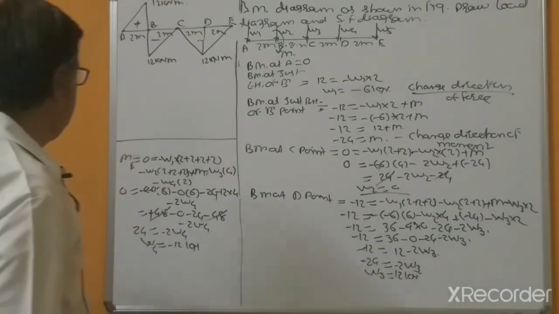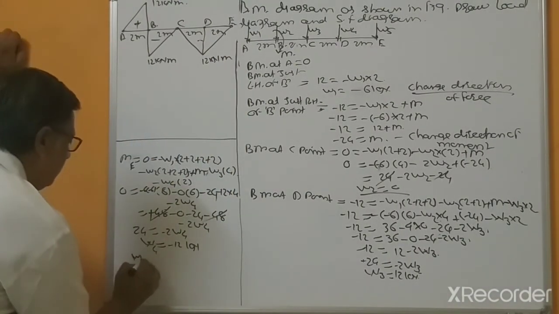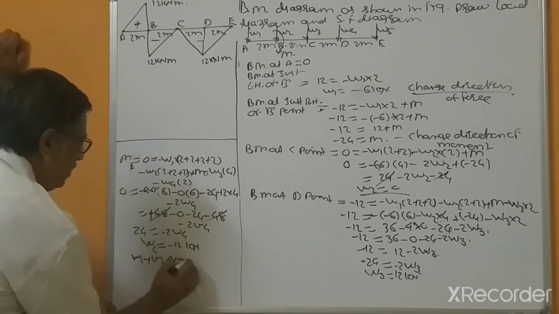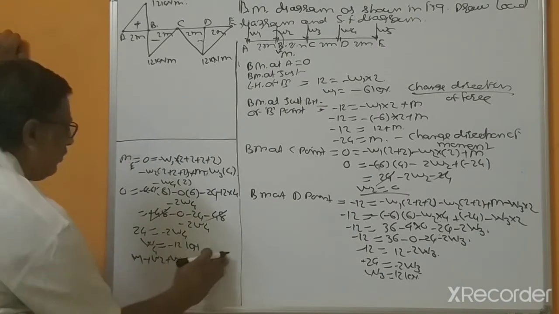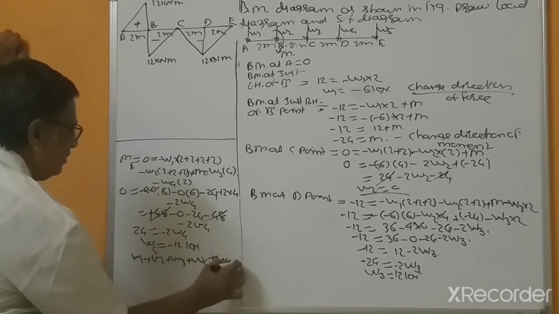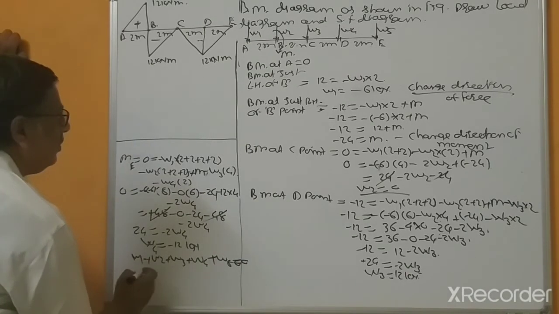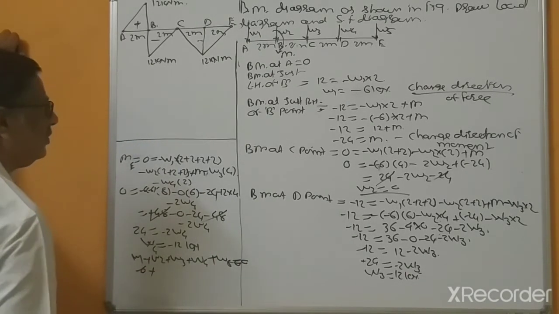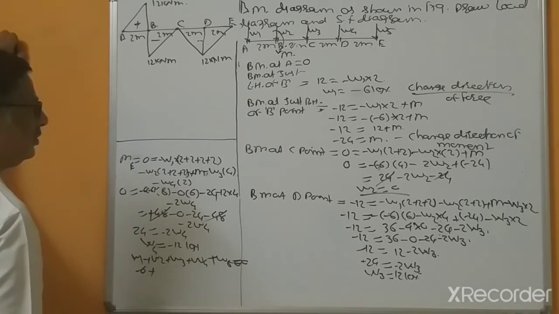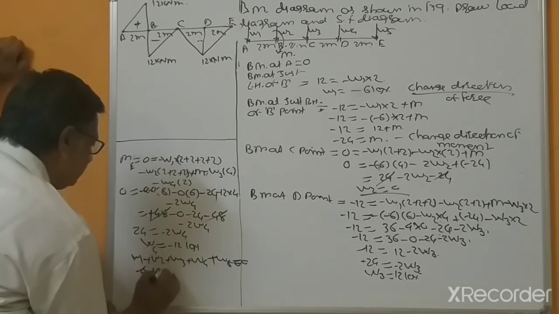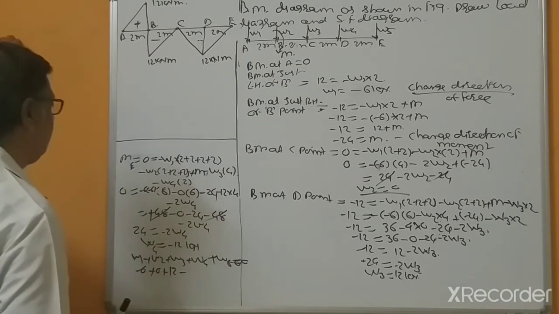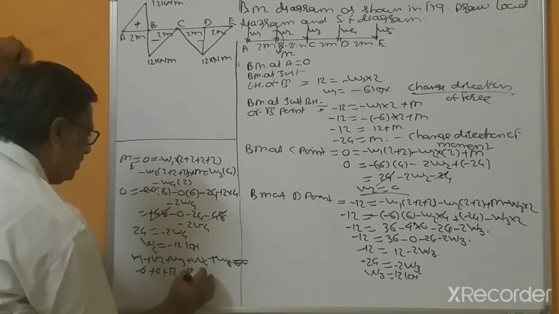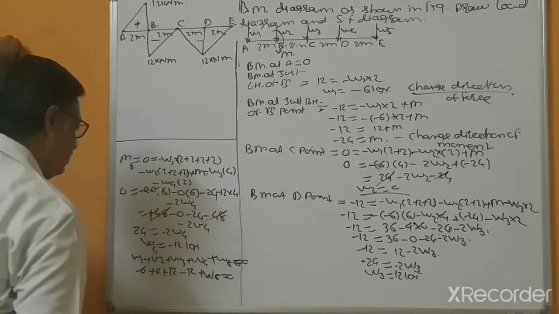Right. Now equilibrium conditions: W1 plus W2 plus W3 plus W4 plus W5 equal to 0. W1 minus 6, W2 0, W3 plus 12, W4 minus 12, W5 equal to 0.